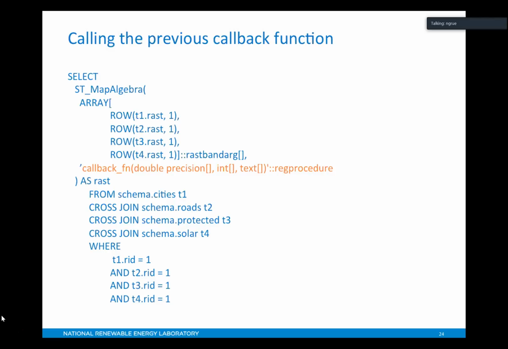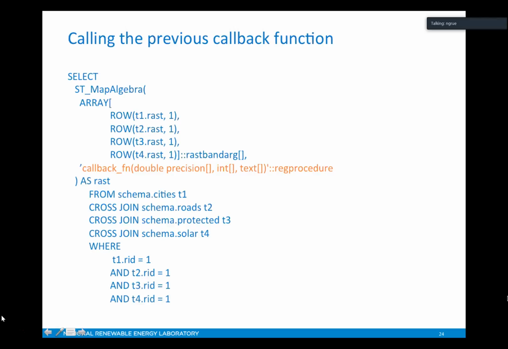And so plugging that function into the ST_MapAlgebra function, you're basically just passing in here at the top the position of the rasters, naming the function, and then you have to do these cross joins on the actual raster data tables and making sure that they all have the same tiles.